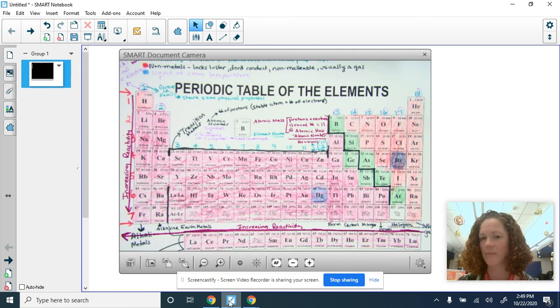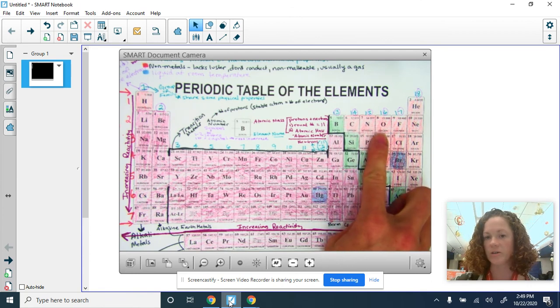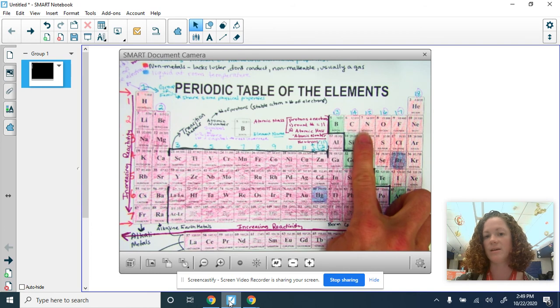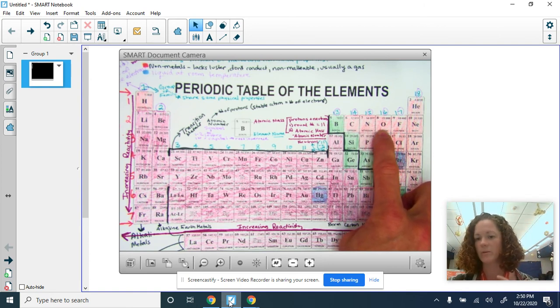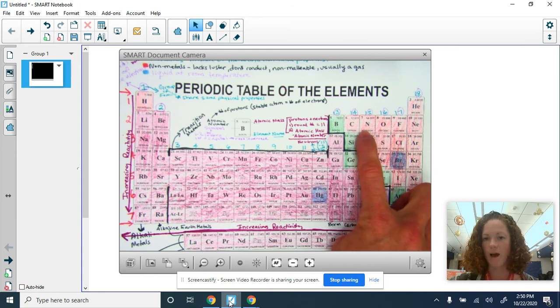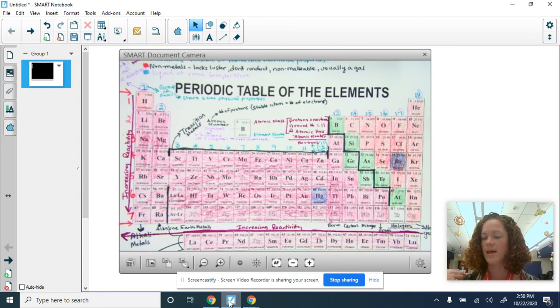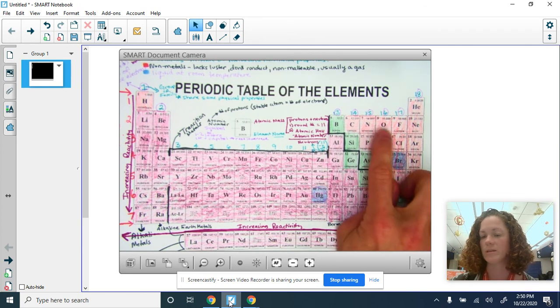Some other things that are popping into my head right now are oxygen, for example, or nitrogen. I do have some twins in my classes, and they bond with themselves. So you're always going to find, not always, but oxygen bonds with itself. So the oxygen in the atmosphere that we breathe is O2. Same thing with nitrogen in the atmosphere, it is N2. So it's bonded with themselves. So there's 2 of them.